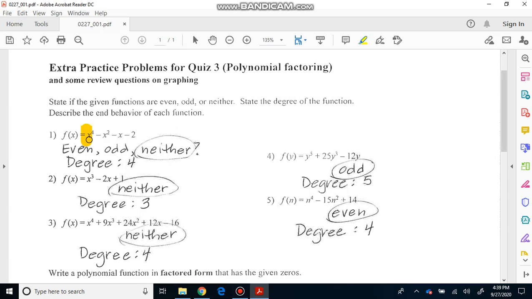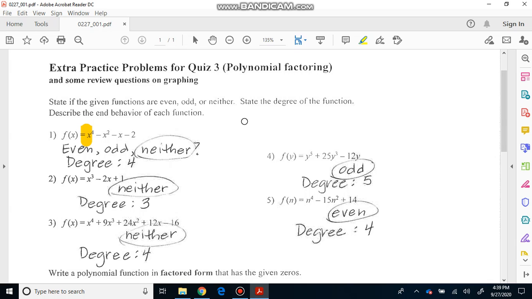So because I've got an even degree and a positive leading coefficient, number 1 is going to be a smiley face. It's really hard to draw with a highlighter.